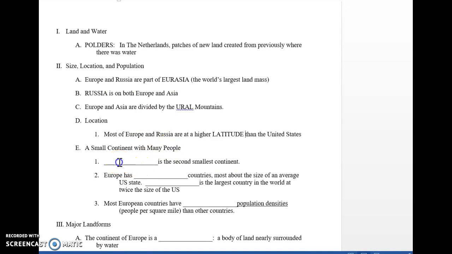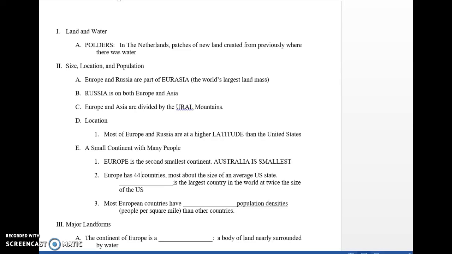All right, a small continent with many people. Europe is the second smallest continent. Australia is smallest. So they're the smallest ones. Europe has about 44 different countries. You won't learn all of them for your map quiz.